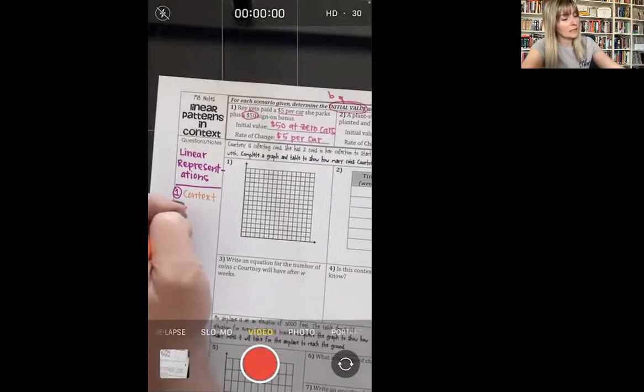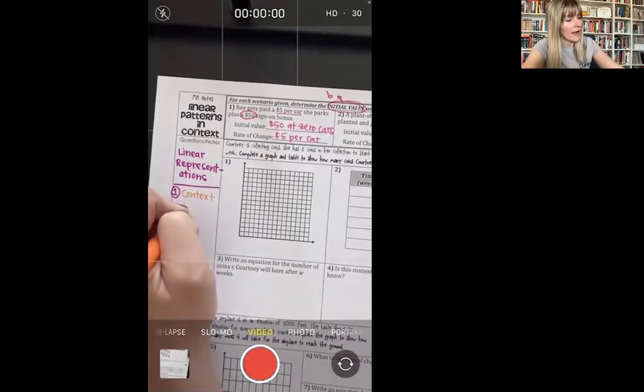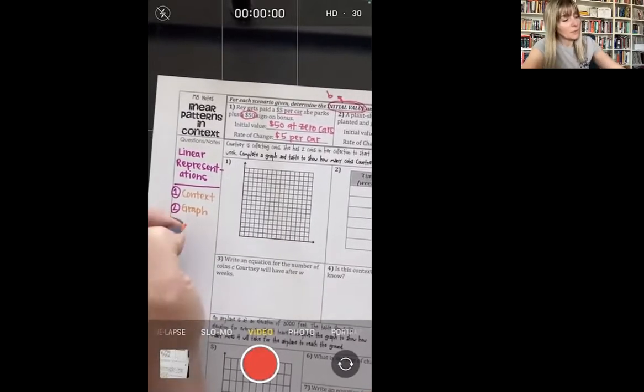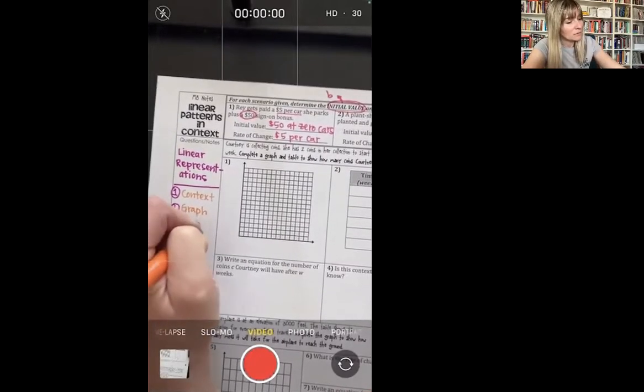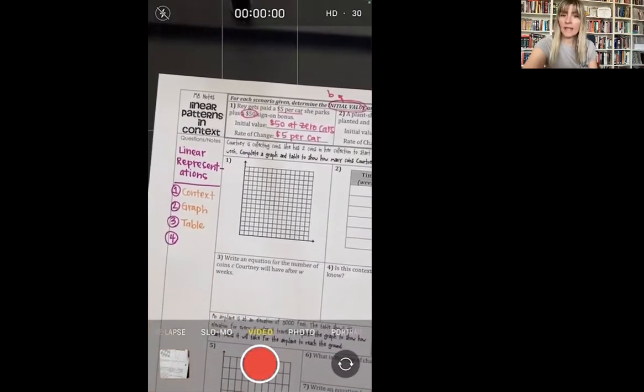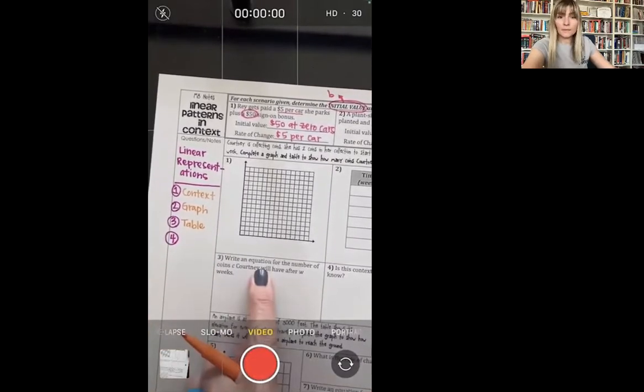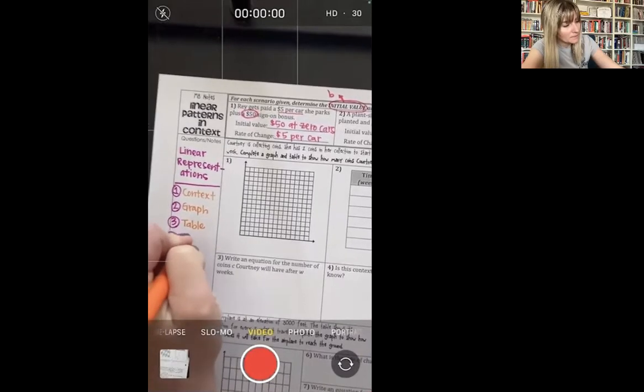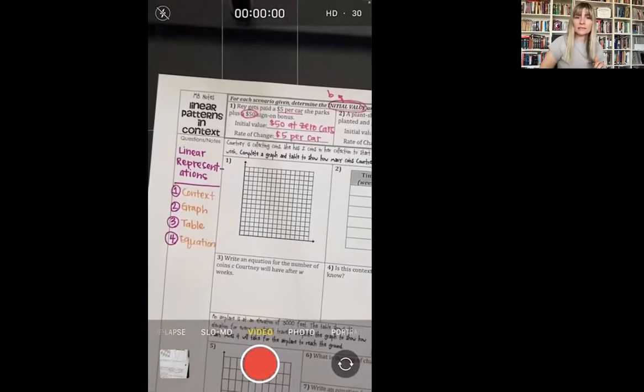We're going to make a graph out of it, another linear representation. We are going to make a table out of it. And we are going to make an equation. So you can have a context, a graph, a table, or an equation.